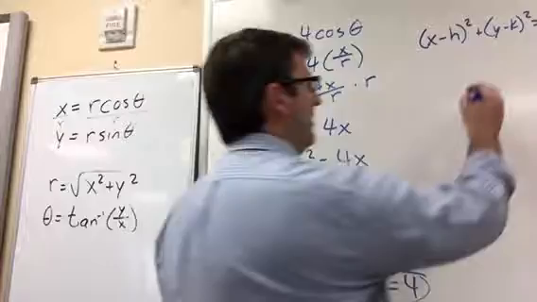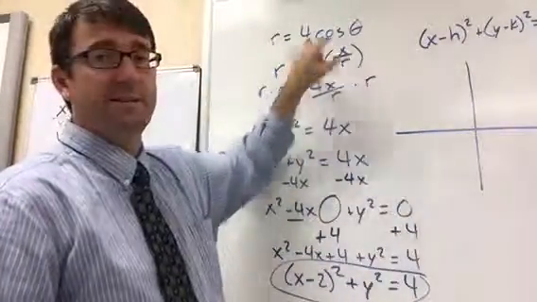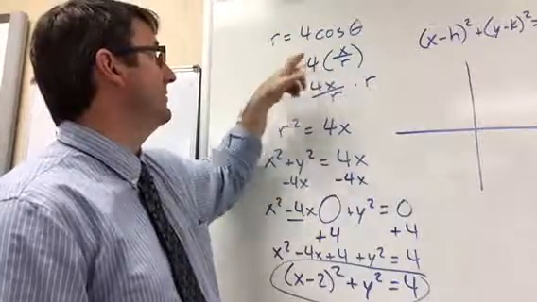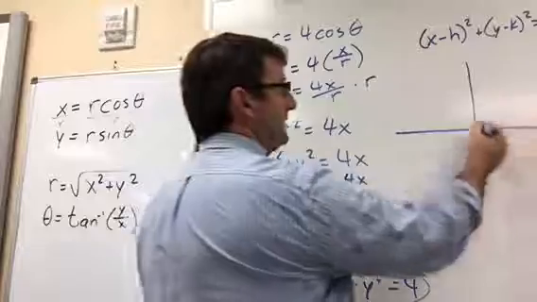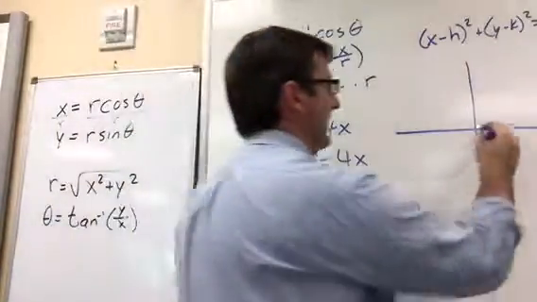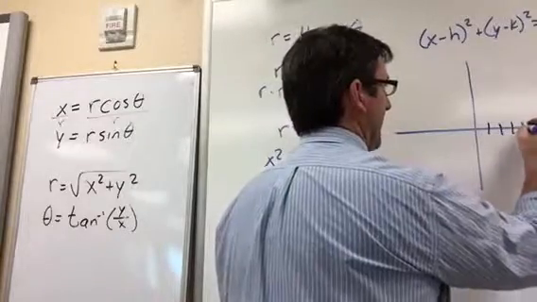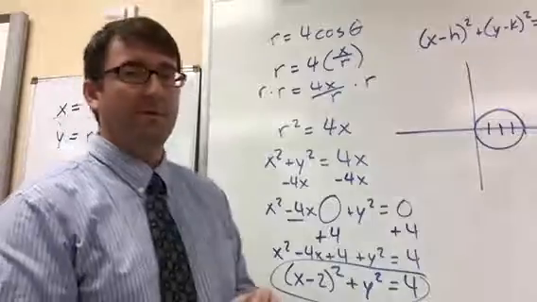All right, so when we go to graph this, we can graph it either using this here. This tells us that it's going to be an offset circle. It's going to be symmetrical about the x-axis. It's going to be to the right since it's positive, and it's going to have a diameter of 4.